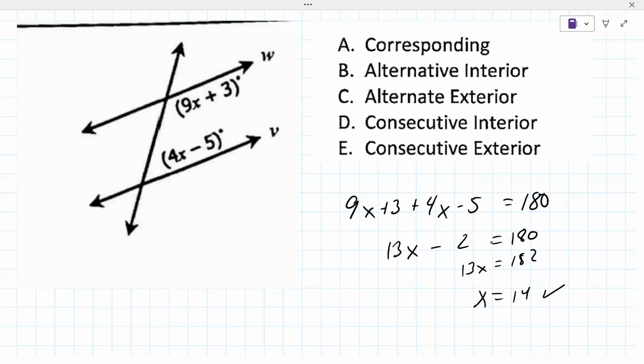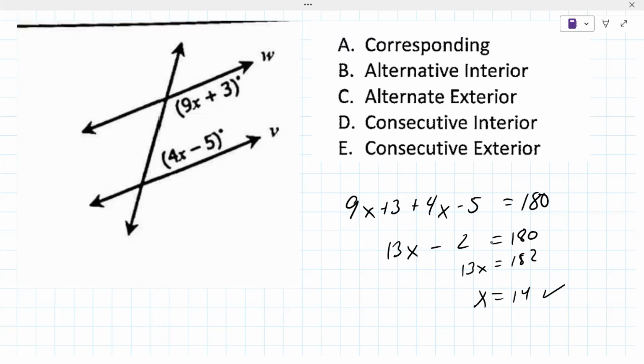All right. So the one on line W, that would be 129 degrees.